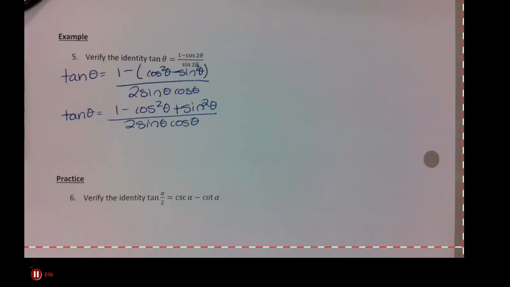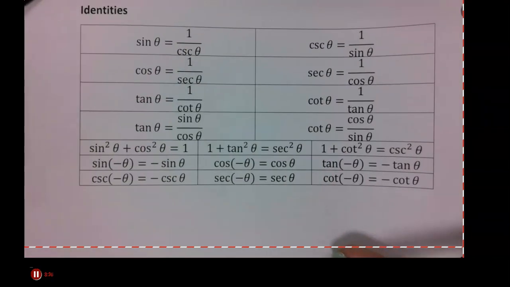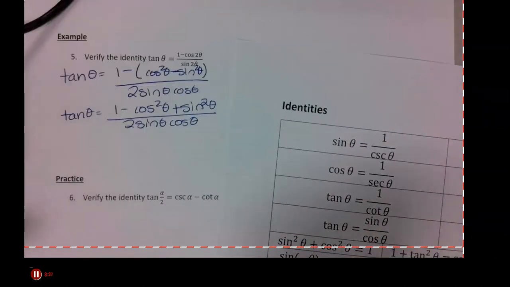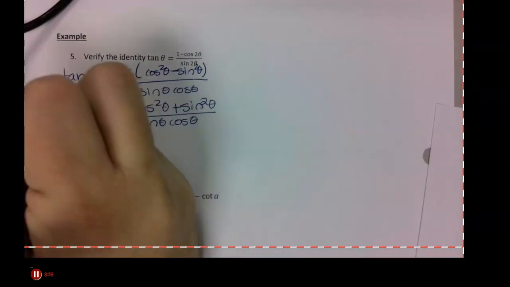No. I want to use an identity here. Yeah, it's verifying identities. That's when you use identities the most. So this is from the review. Yeah, I can. So I can use the Pythagorean identity.